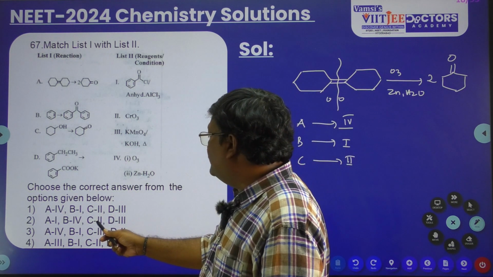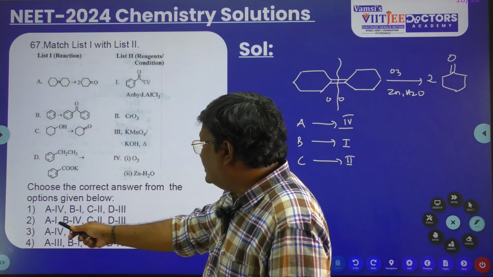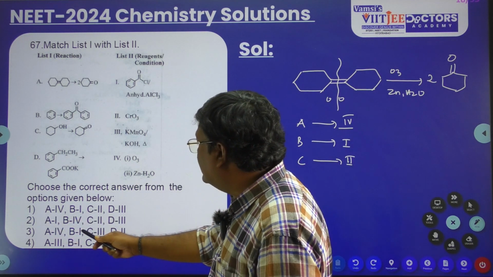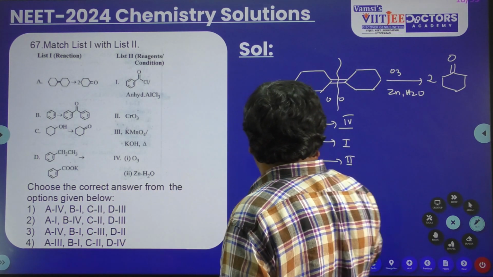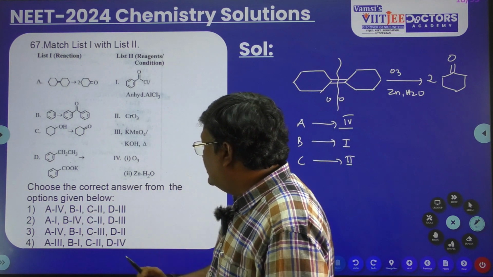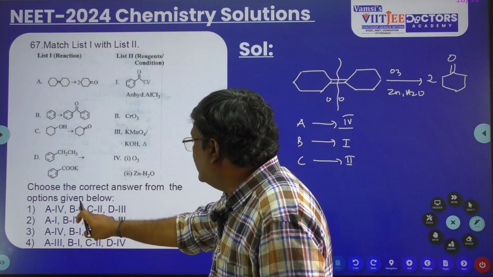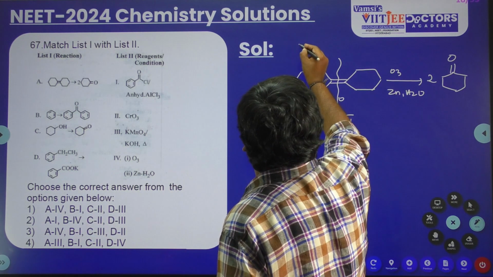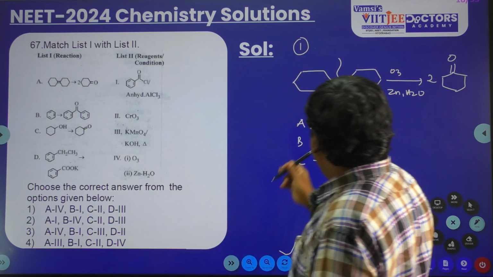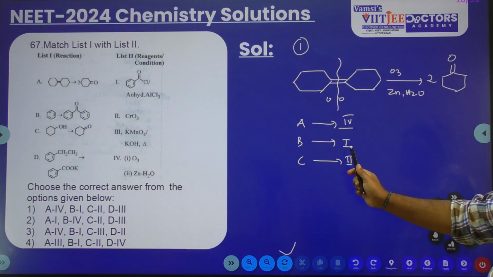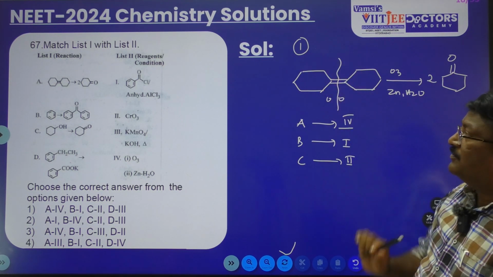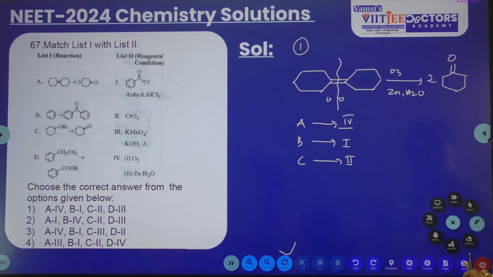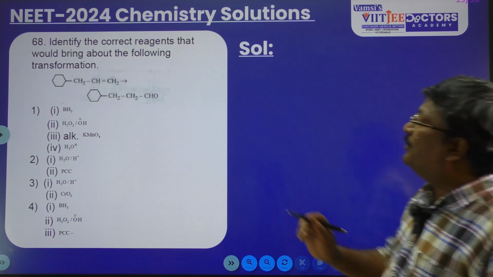Where C2 is, we can find C2 at the second one. Here A4, B1, C2. So it is the first option. And later, we can go for the next question.